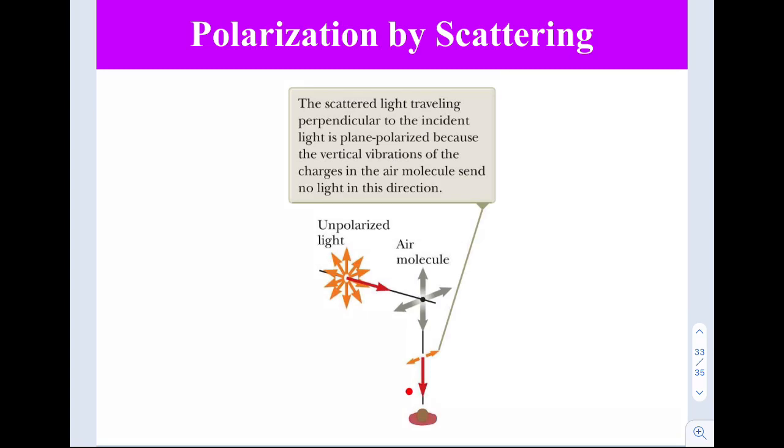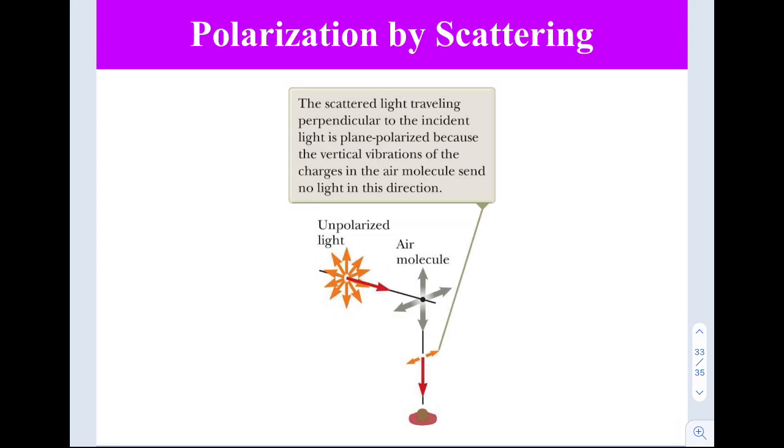If the observer in the figure here is looking in a direction perpendicular to the original direction of propagation of the light, the vertical oscillation of the charge sends no radiation towards the observer.